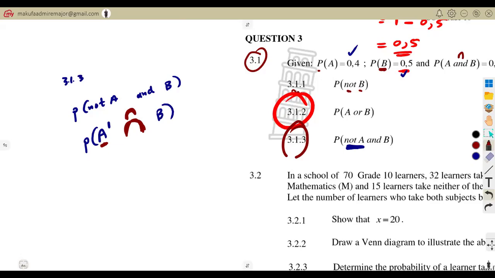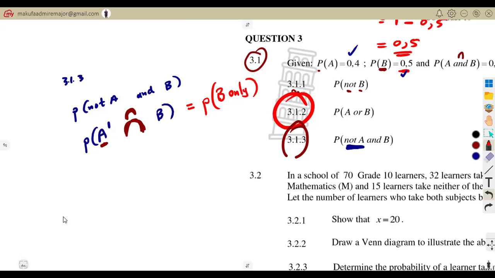Okay, guys, no problem. This part here, in terms of sets, is equivalent to the probability of B only, in a simplified manner. You must be very careful there.